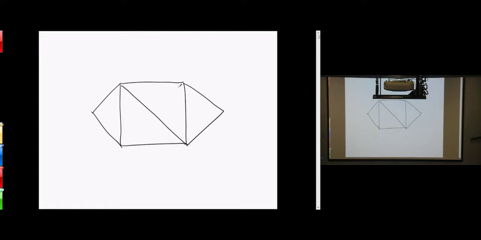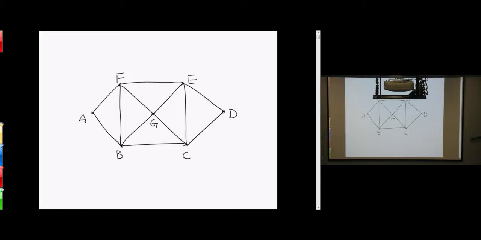These are the vertices. We have 8 vertices and a couple of edges. Let's label the vertices: this is A, this is B, this is C, this is D, E, F, and G. G is here. So this is a graph.